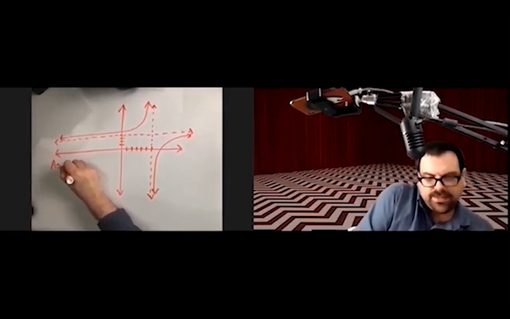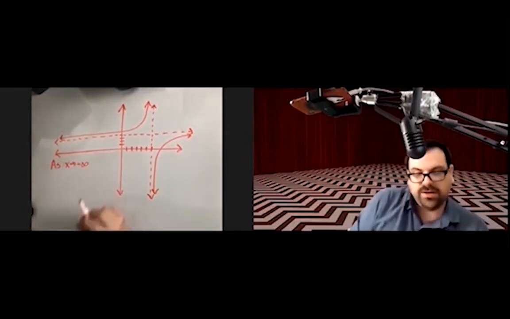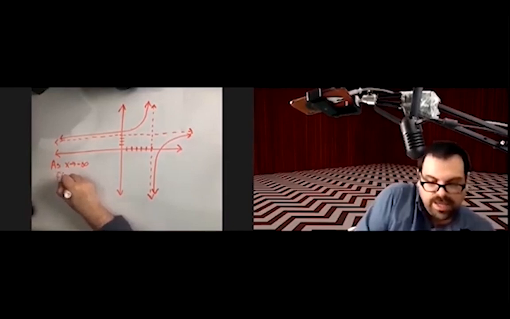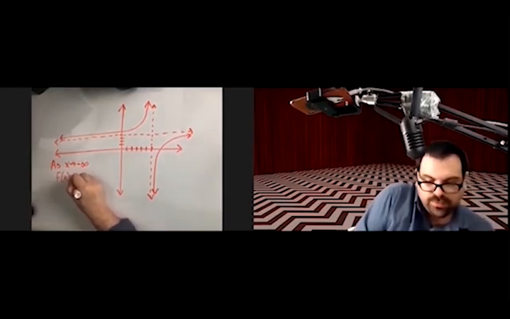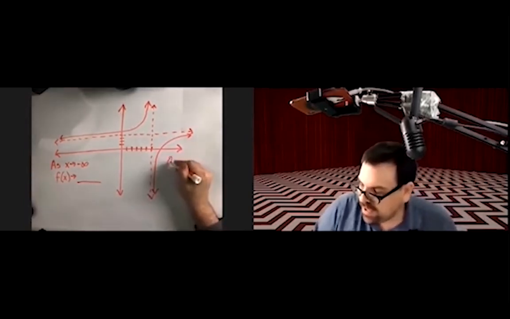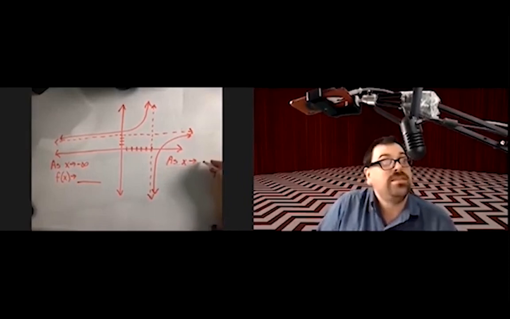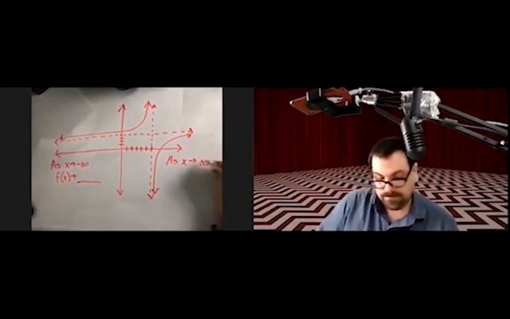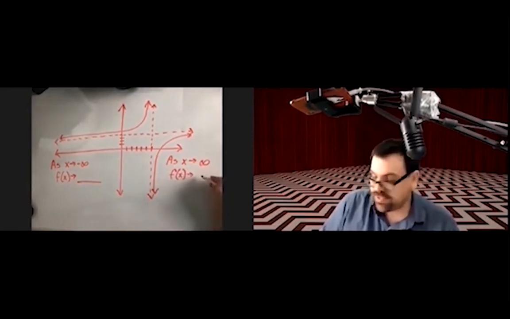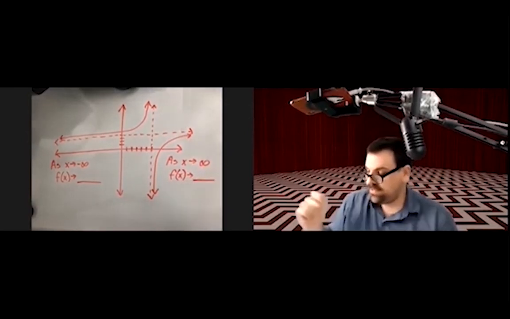As x approaches negative infinity, f of x approaches what? And then we'll fill in as x approaches positive infinity, f of x approaches what?